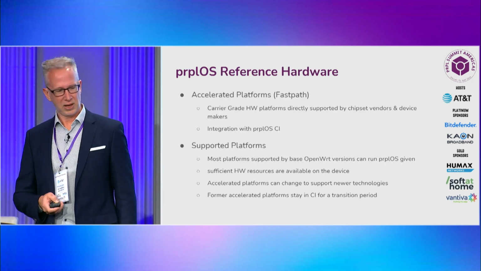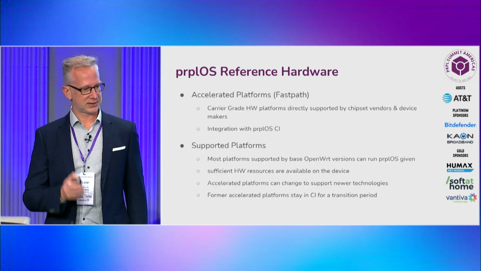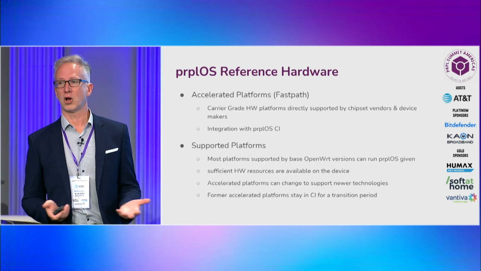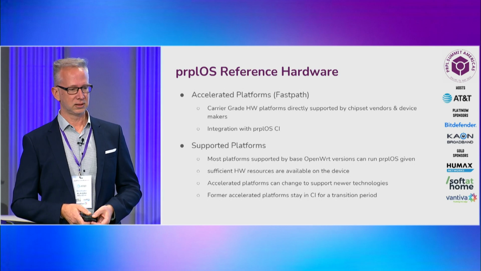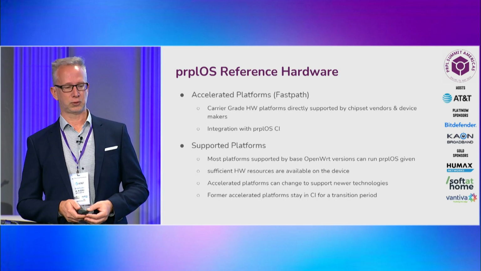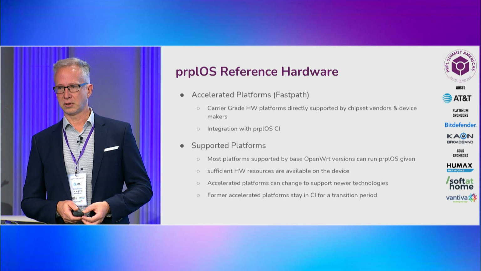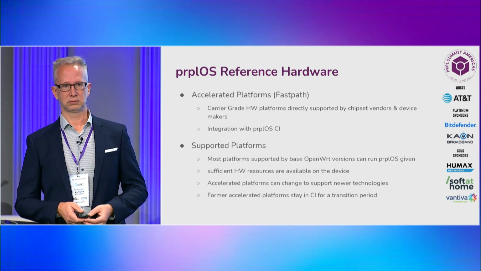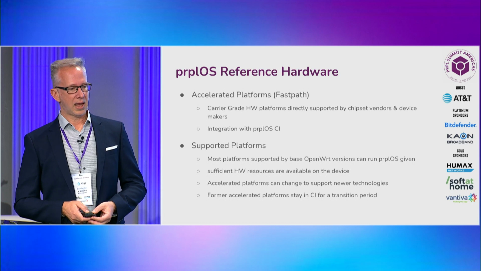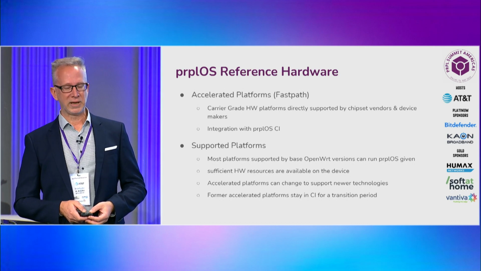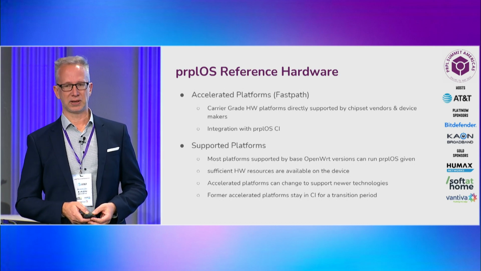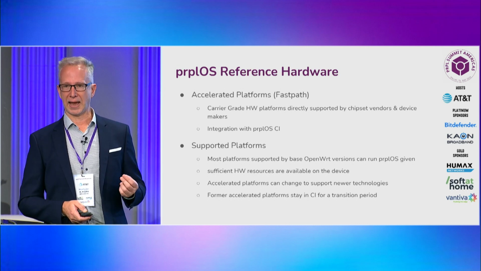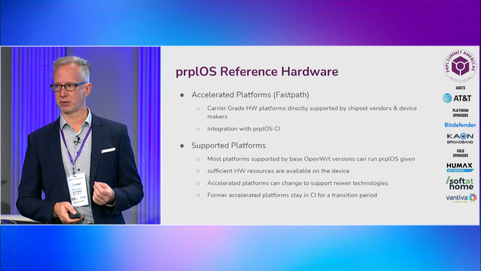Okay, so which brings us to the hardware. If you want to run prplOS, of course, you need a hardware platform for that. So in prpl, we decided we have to focus on operator class hardware. We call it carrier grade. And we need support. So we said, OK, we have a few platforms we call accelerated platforms, which are on a so-called fast path.